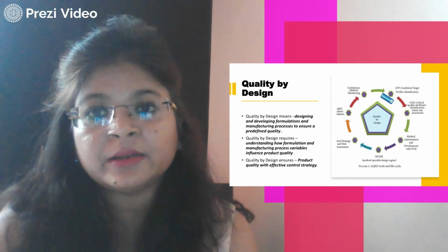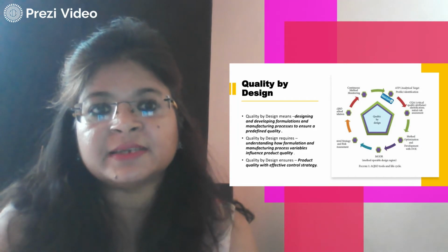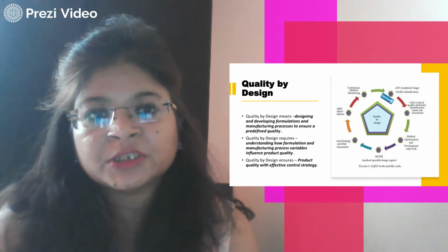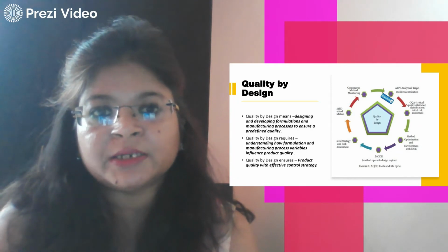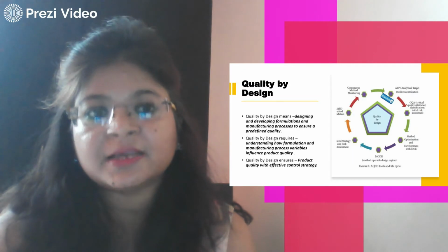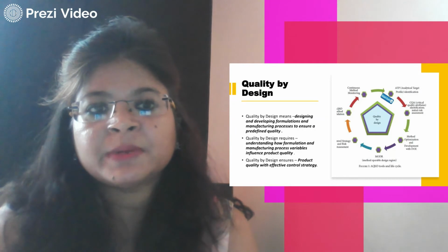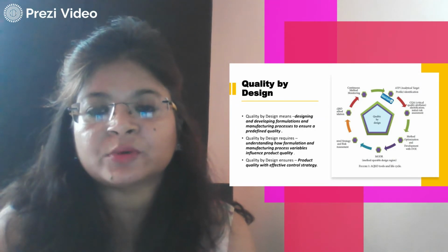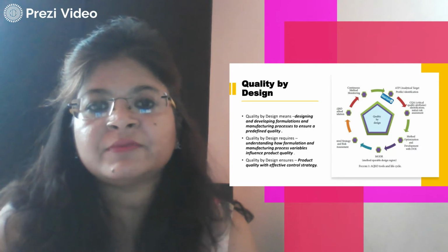This is the main concept of QbD, which says that it has to ensure a predefined quality, and to achieve that predefined quality, you have to design and develop the formulations and the manufacturing process in a way that you attain it. Quality by design also requires understanding how formulation and manufacturing process variables influence the final product.